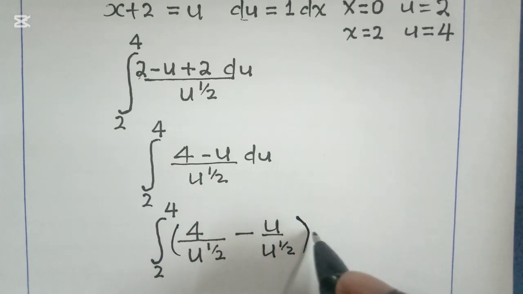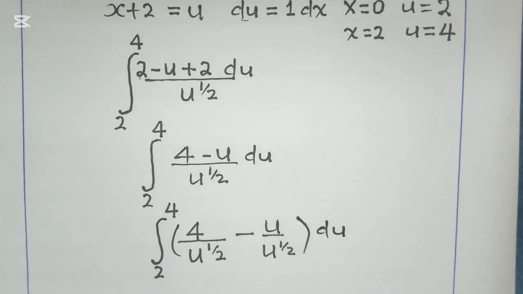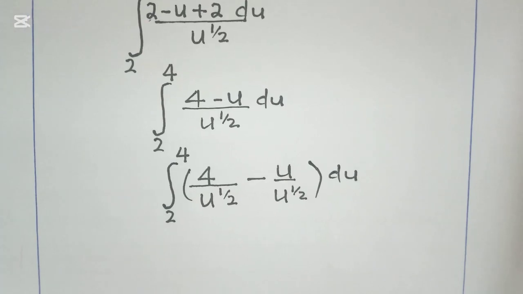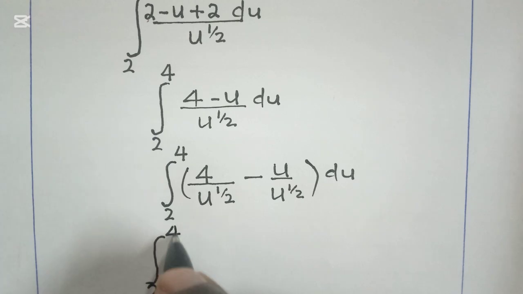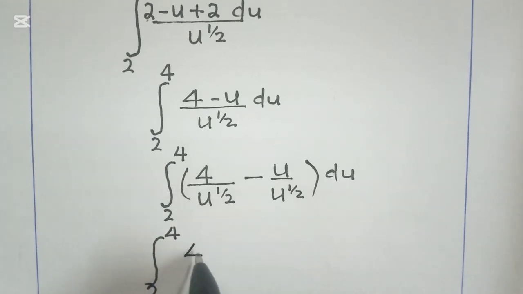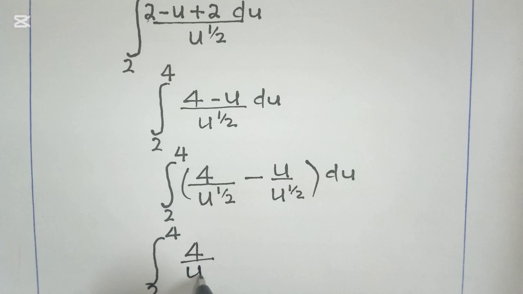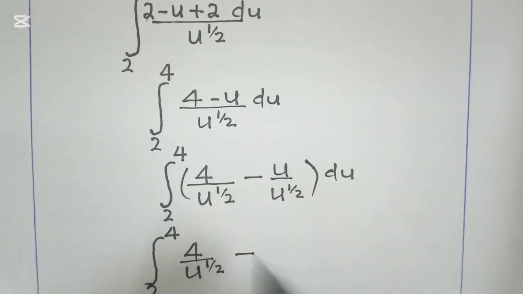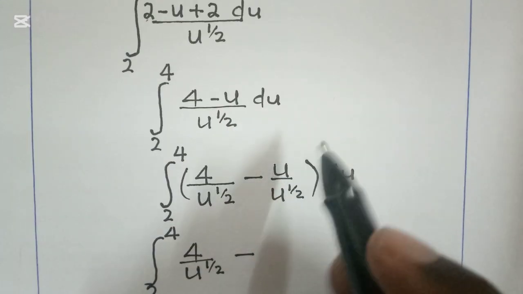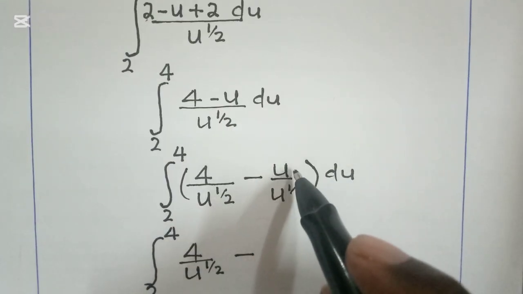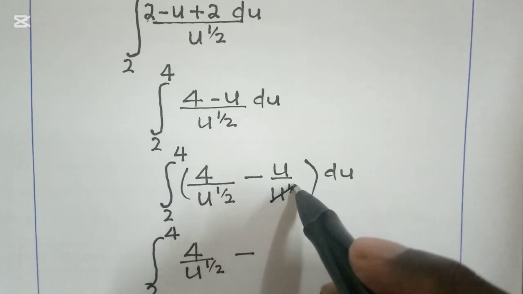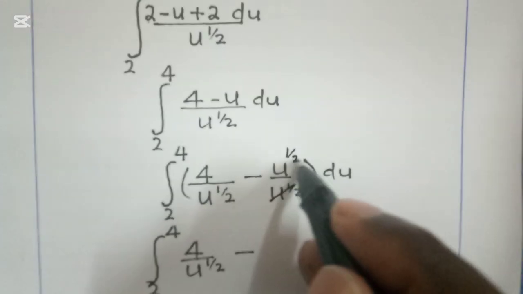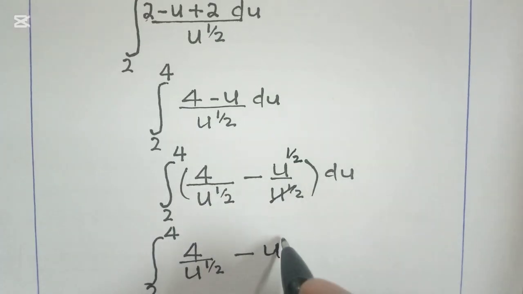Now this is du. Guys, we can continue. So this one will be from 2 to 4. So I can write it as 4 over u raised to a half, minus, in indices form, u raised to 1 multiplied by u raised to a half over u raised to a half. So by that we can cancel, and this one will be left with u raised to a half.